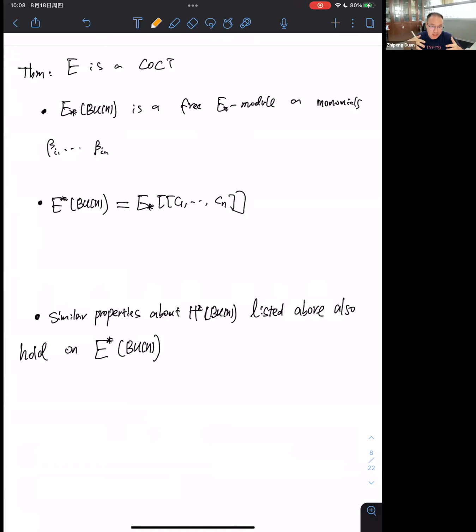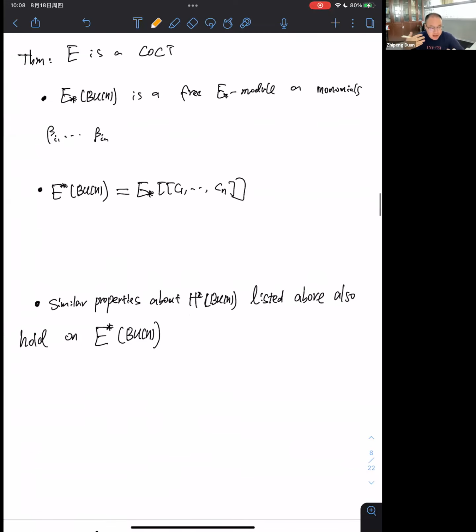This is just because you replace the coefficients by the general E star coefficients. And similarly, as for the cohomology, the E star of BU(n), like the singular cohomology, is a power series on E star with generators c1, c2 up to cn.